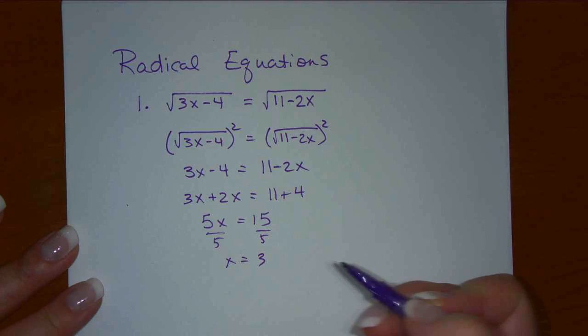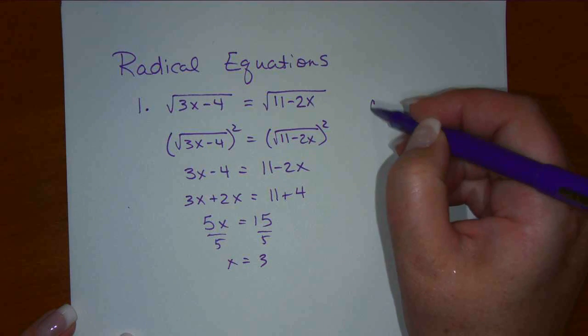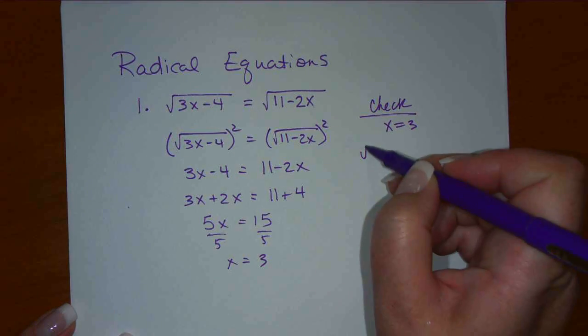So x is 3. So we say, okay, good, but we have to check and make sure that that gives you positive under the radical, not a negative under the radical. So we have to check that it works. So we're going to check x equals 3 into the original equation.